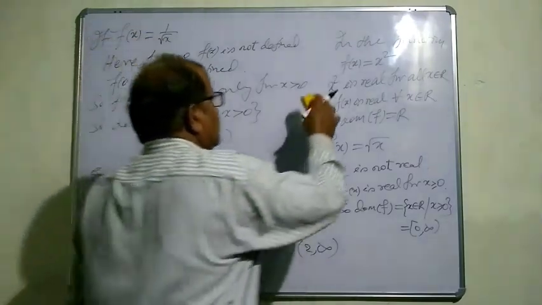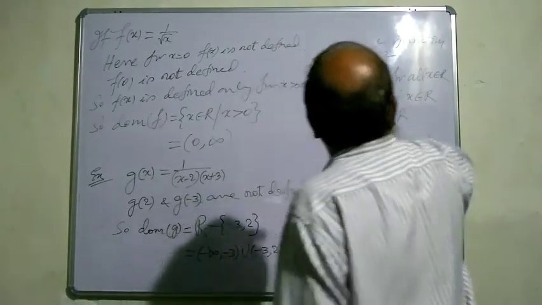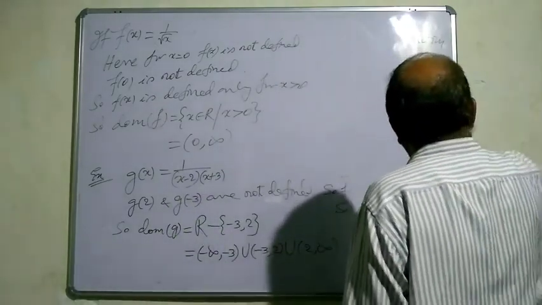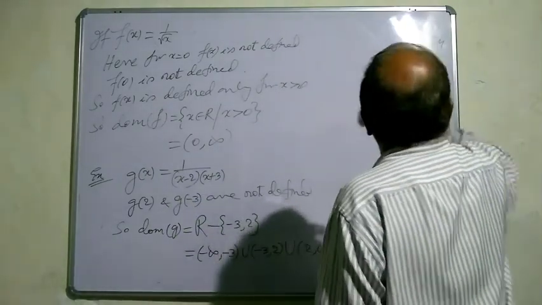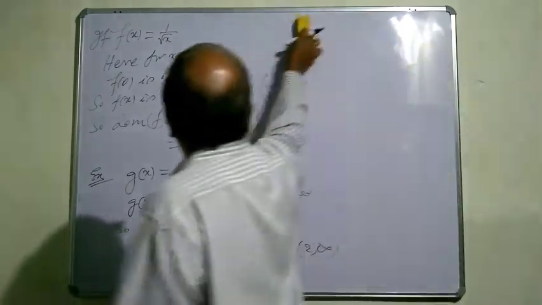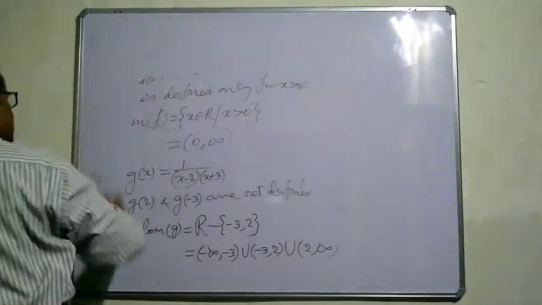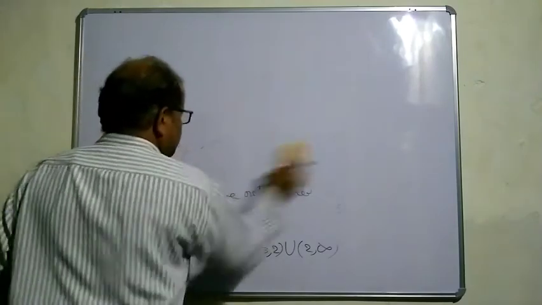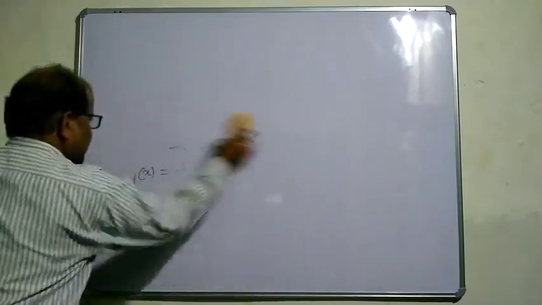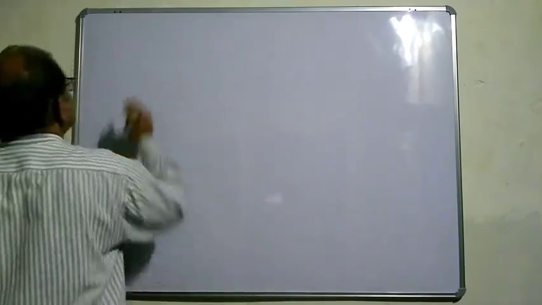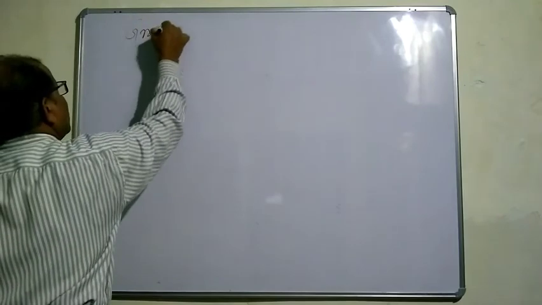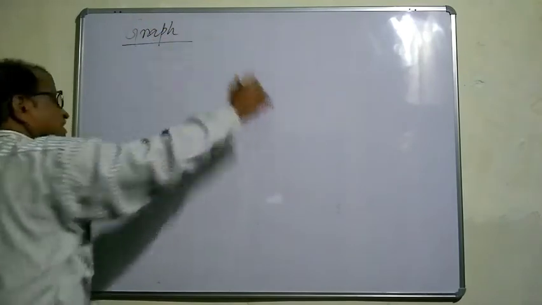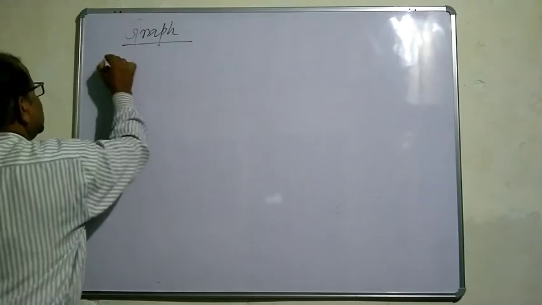Now let us discuss how to plot the graph of a real function. First, let us discuss what the graph of a function is. Graph means the set of points.